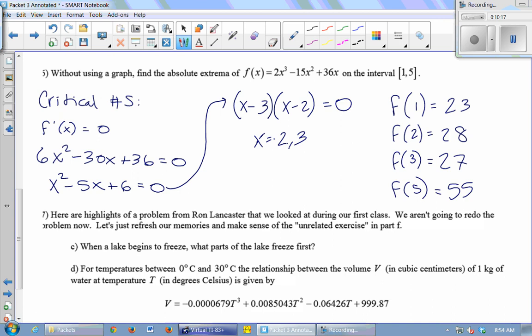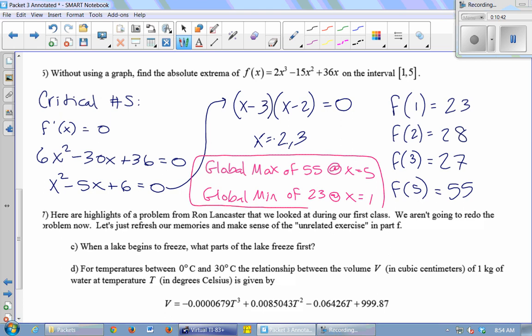So global max of 55 at x equals 5, and a global min of 23 at x equals 1. So it turned out the endpoints of the interval gave my global max and my global min in this case.